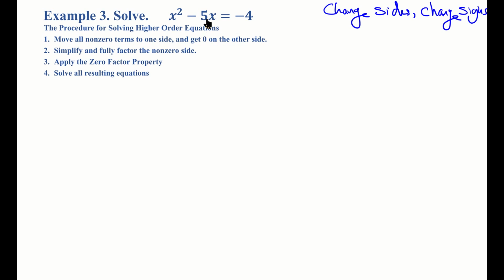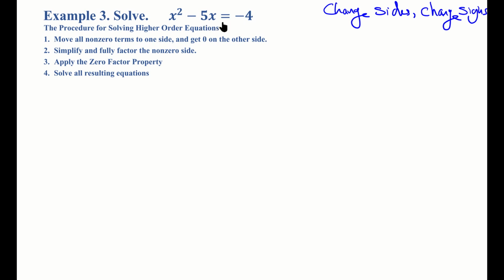With an equation, you can take any term of an equation and change its side. In other words, look at this -5x. It's a term on the left side, right? You could move that to the right side as long as you change the sign to +5x. Why? Because that would be the same thing as adding 5x to both sides. So now we're dealing with -4, right? We're going to move it to this side.